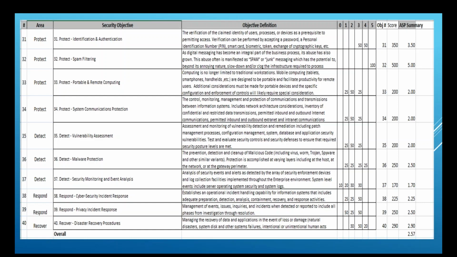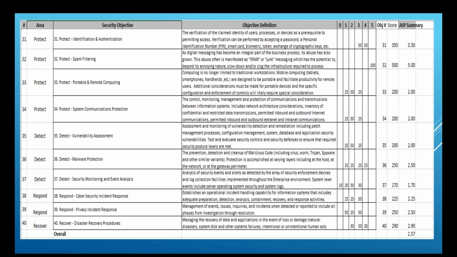Portable and remote computing, those indeed are unique devices. So do we have policies and procedures in place to address mobile devices and remote computing? In this objective, I scored us a level 1 at 25%, 50% at level 2, 25% at level 3.